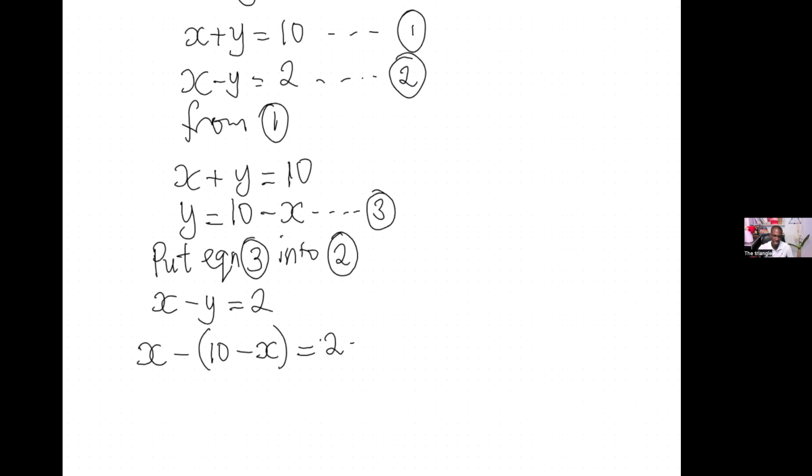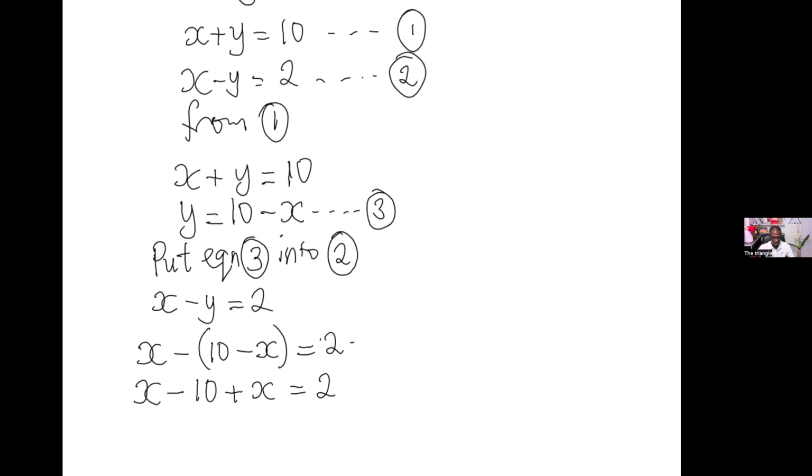So let's expand. When we expand, we have x, then minus 10. Remember, this minus will go into the bracket, and therefore it will become positive. So we have positive x. Trust we are following. All right.